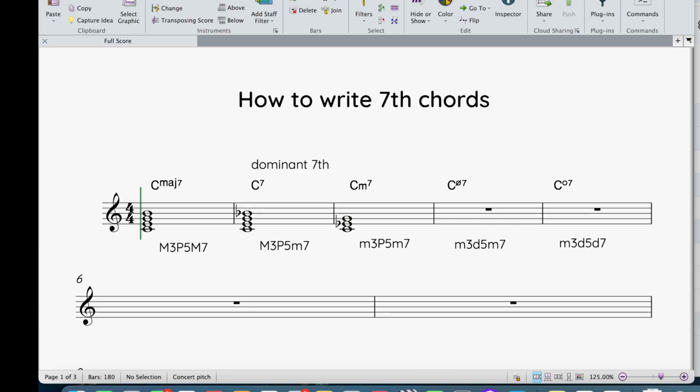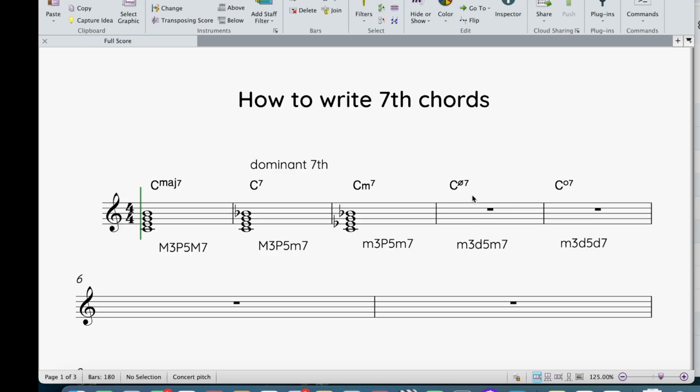So the minor 7 will be B flat. All right, so the minor 7th chord has the minor third, the perfect fifth, and the minor 7th. And so the minor third and the minor 7th are just alterations from what you would see in the original major scale.